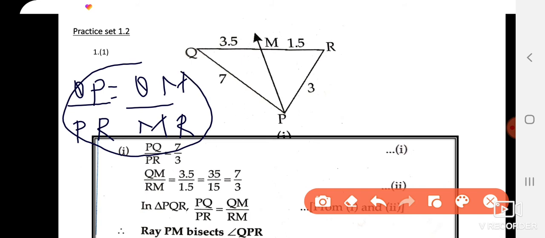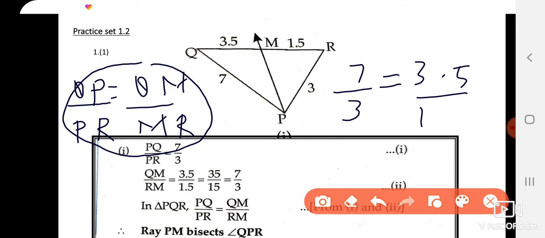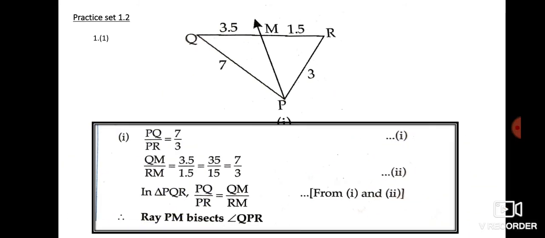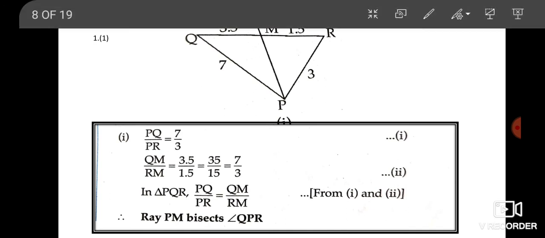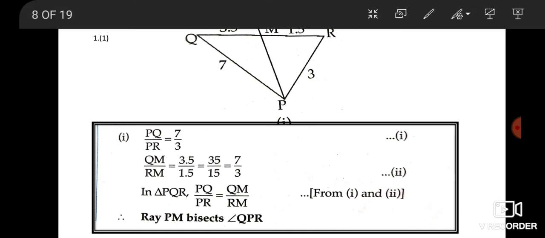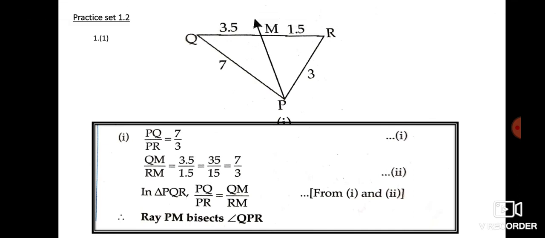If you write this in the beginning and substitute the values, say QP is 7, you will write 7 upon 3 and then 3.5 upon 1.5 and then work out, this is a big mistake. You cannot write like this because here we have to prove that PM is the bisector. So in the beginning you cannot write it. You have to take one part at a time.